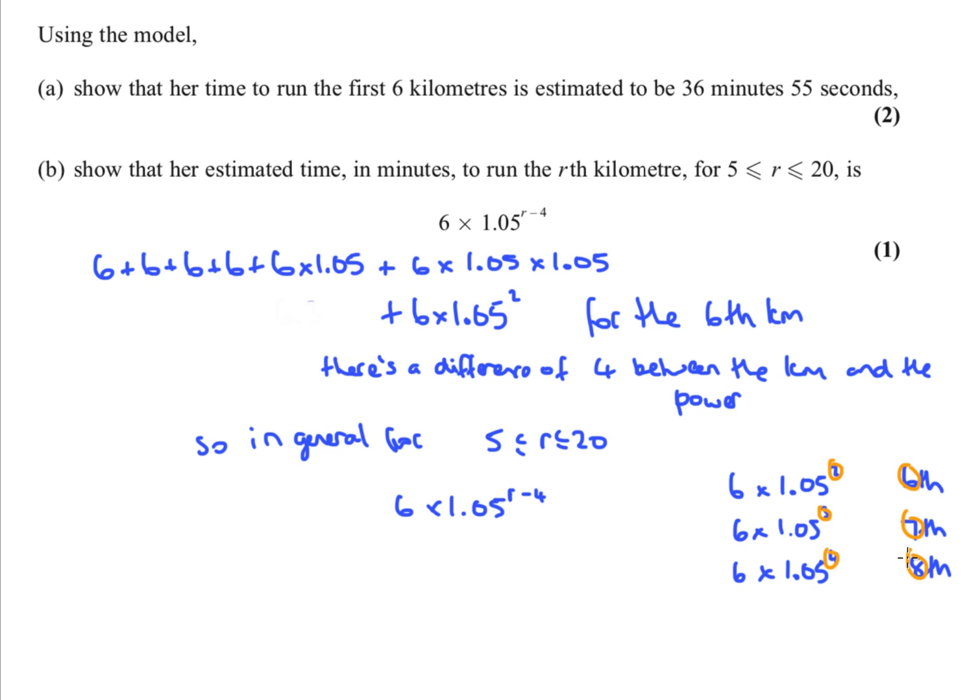I don't actually know how else you're meant to show that for just 1 mark. I'd rather it wasn't a show that question, I'd rather they just ask for a formula.